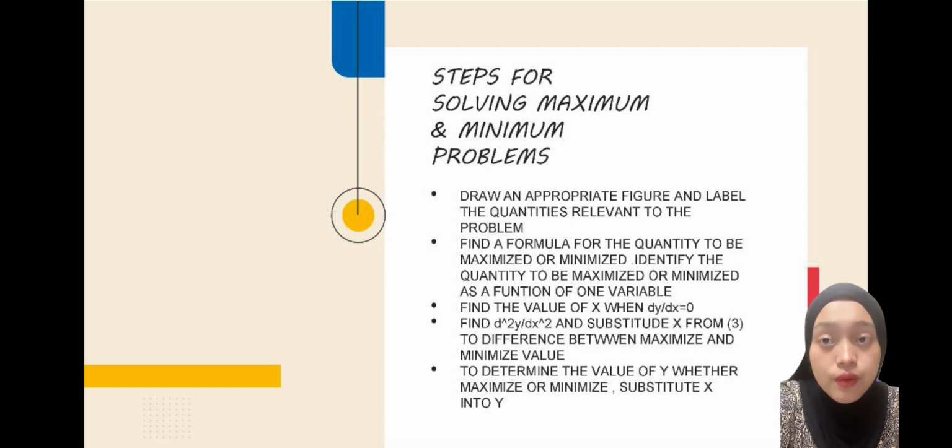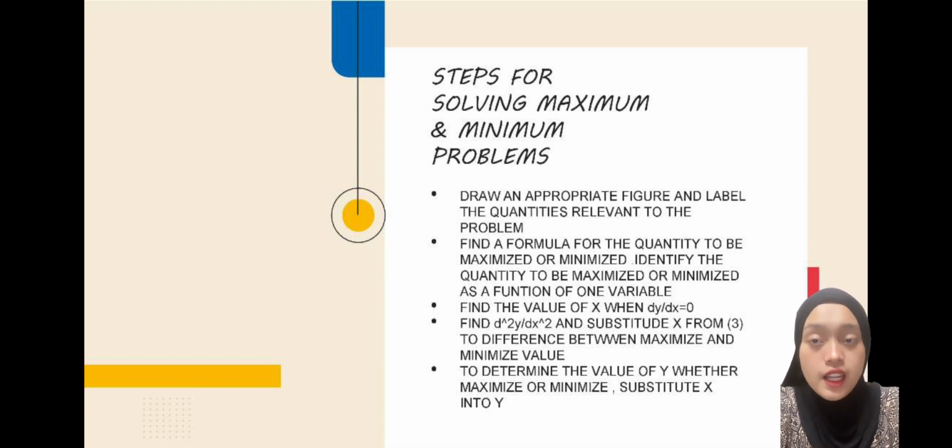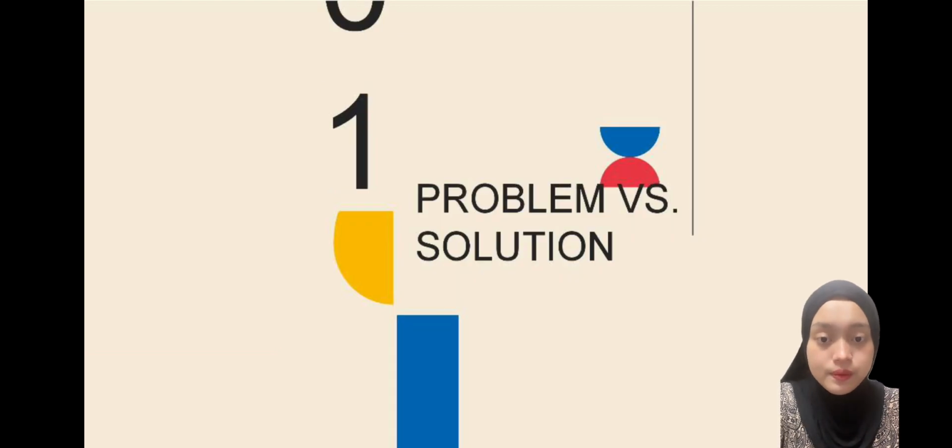For the next, find the value of x when dy over dx equals 0. For the next step, find the second derivative and substitute x to determine the difference between maximized and minimized value. For the last one, to determine the value of y, whether maximum or minimum, substitute x into y.